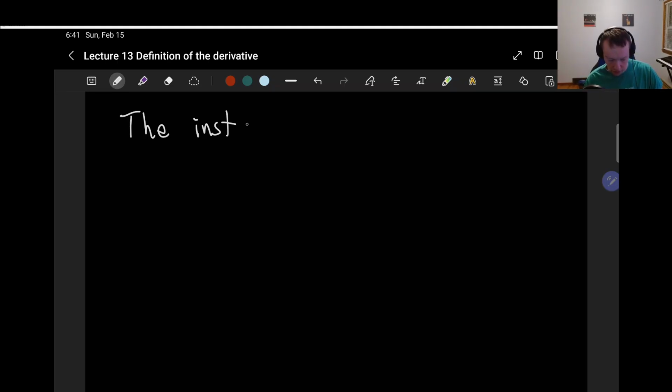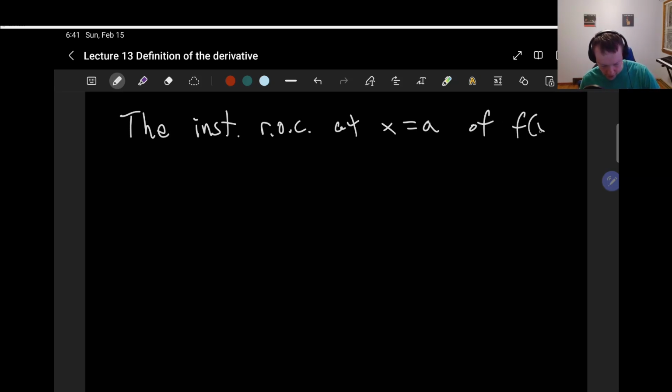this is a little bit of review. The instantaneous rate of change, the rate of change at a single point, a single instant, at x equals a of a function f of x. So this was a slope.